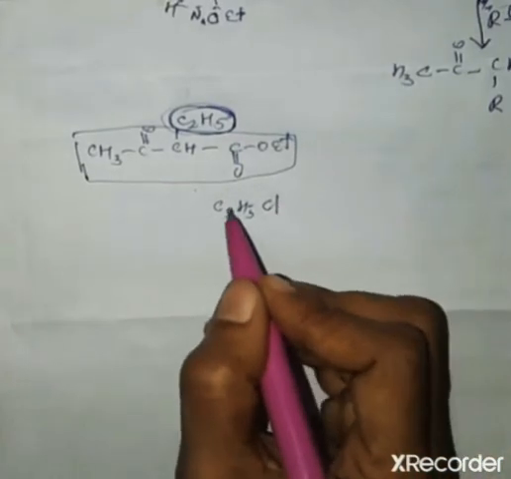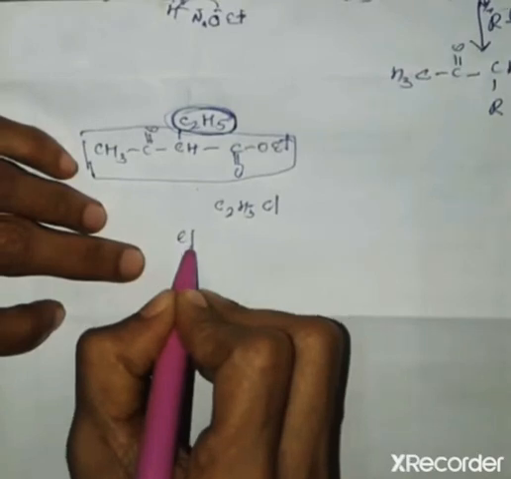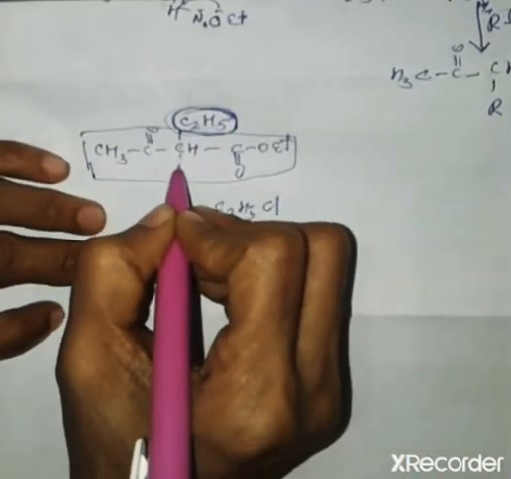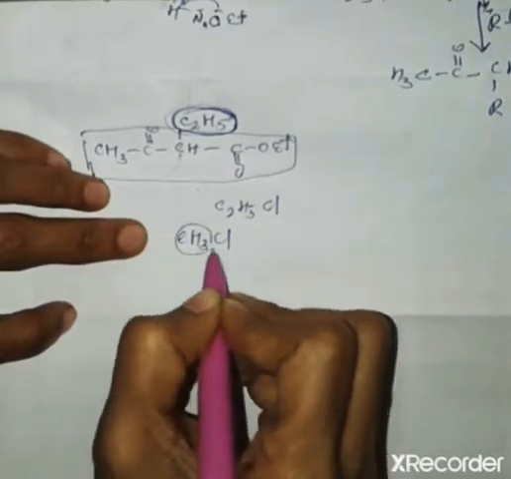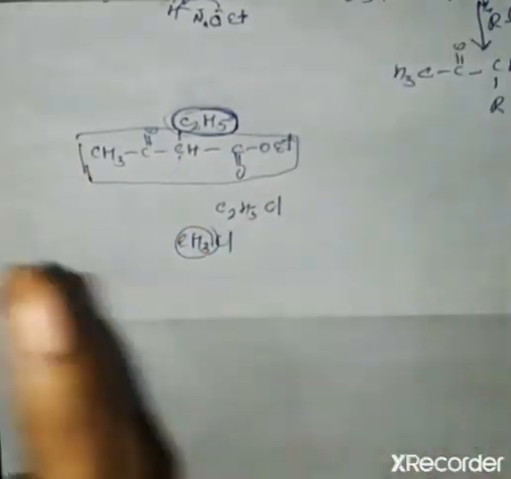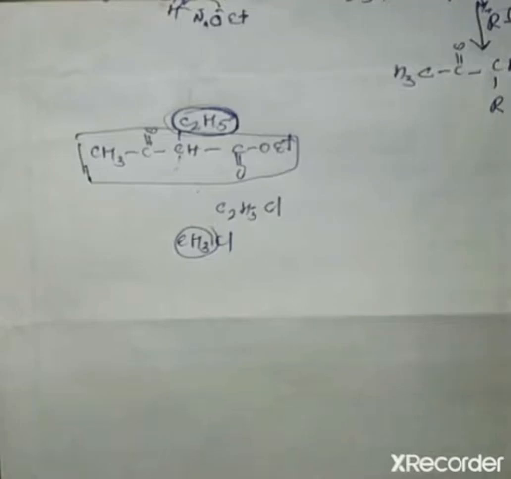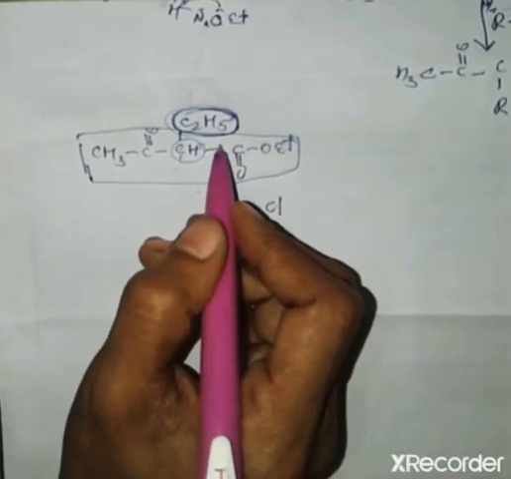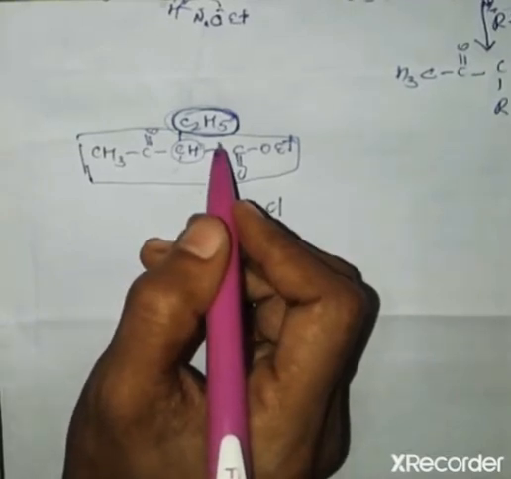If we use methyl chloride or methyl bromide, we get a methyl group bonded to the methylene carbon. So this is a simple reaction. We just understand that if the substituent is coming at the methylene carbon, then the methylene hydrogen or methylene carbon is the reaction center.